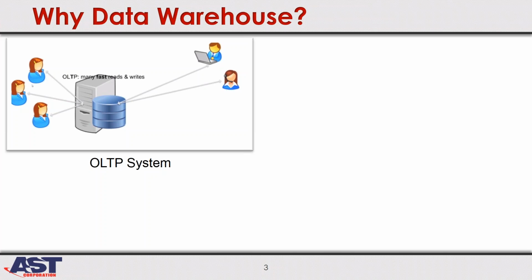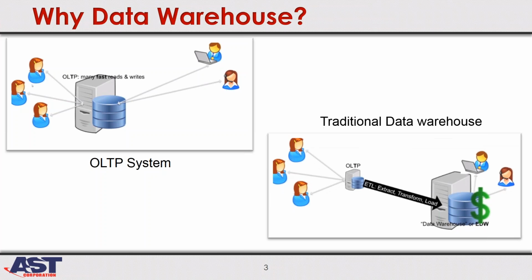To avoid this, we build a data warehouse in which we extract, transform, and load the useful data from the OLTP system into the data warehouse, so that users can interact with the OLTP system itself, and there is no interaction between the OLTP system and the business analysts.